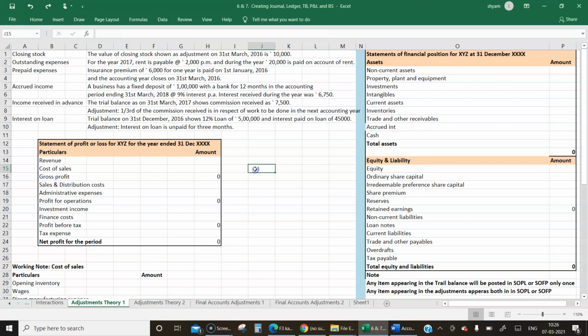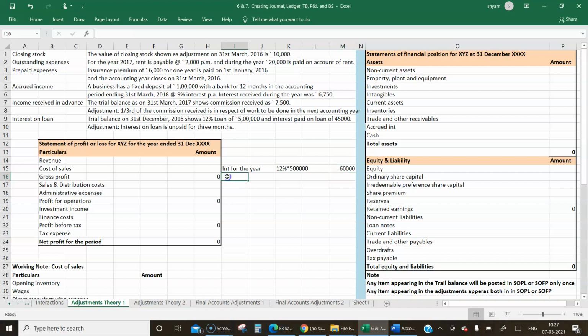First we'll try to find out what the interest amount is. Interest for the year would be 12% into 5 lakh, which is 60,000.